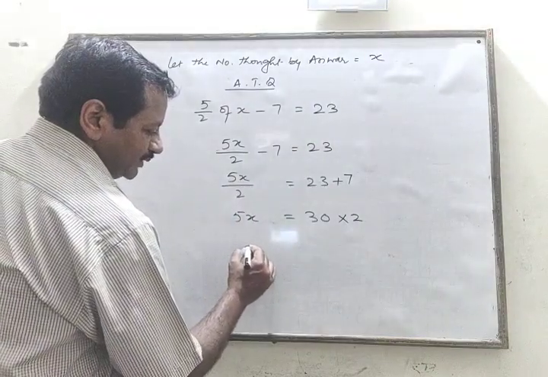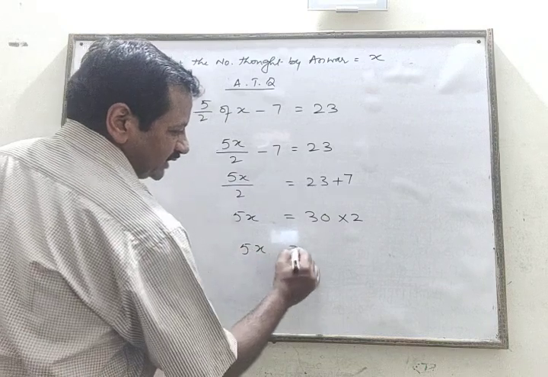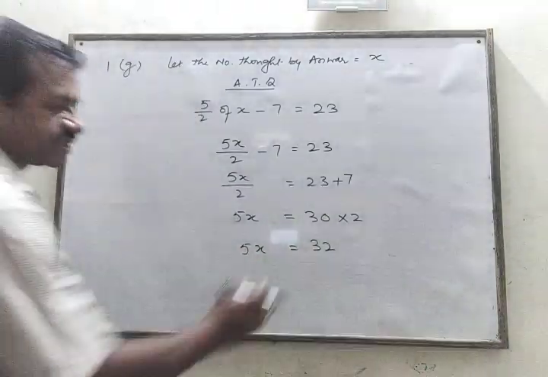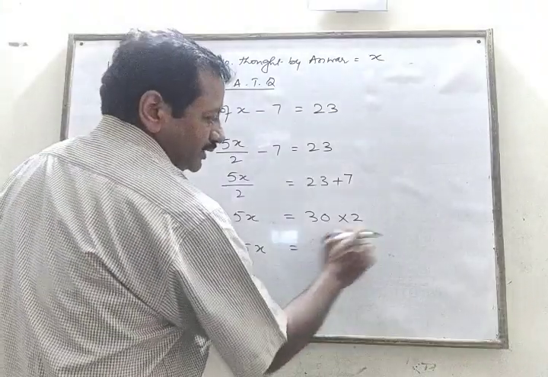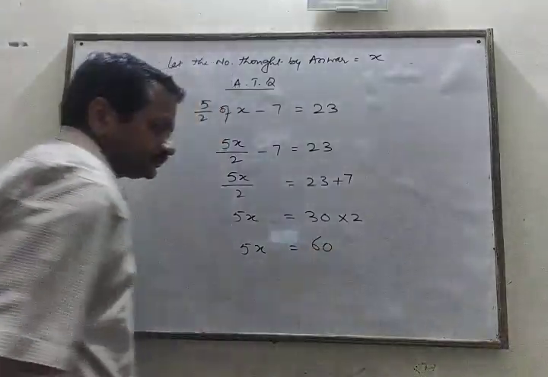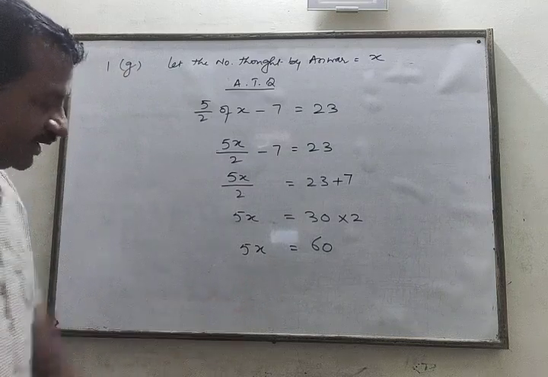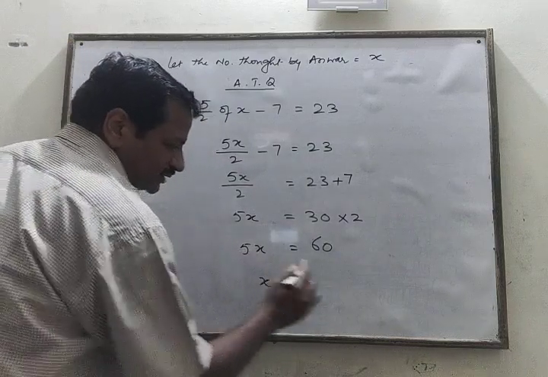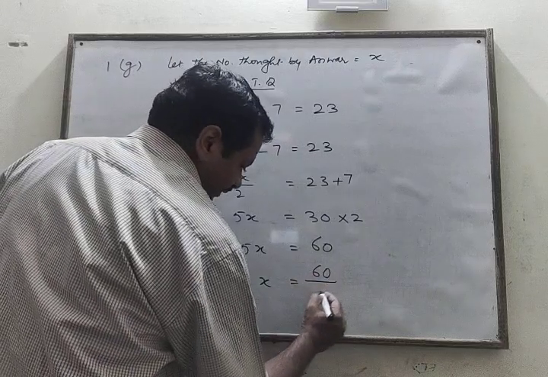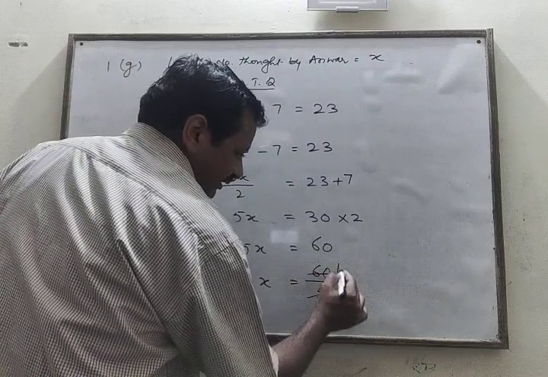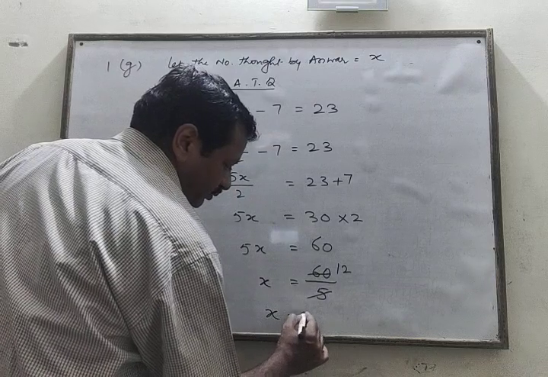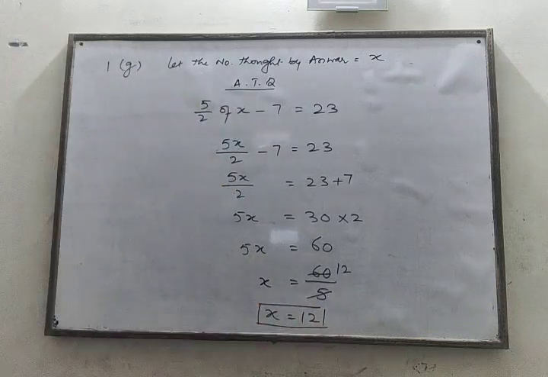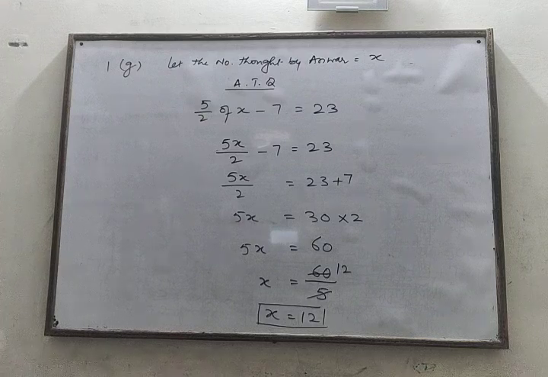In the next step, 5x equal to 60. Now shift this 5 to that side. 5 is multiplying with x, so it will be divided over there. So x equal to 12 is the solution of the equation.